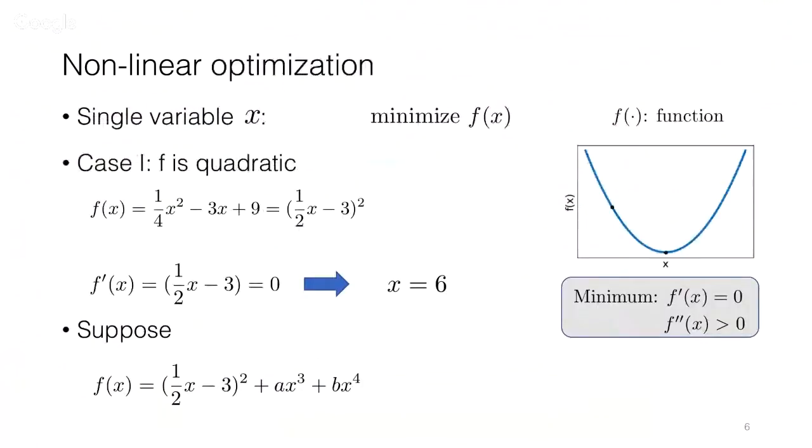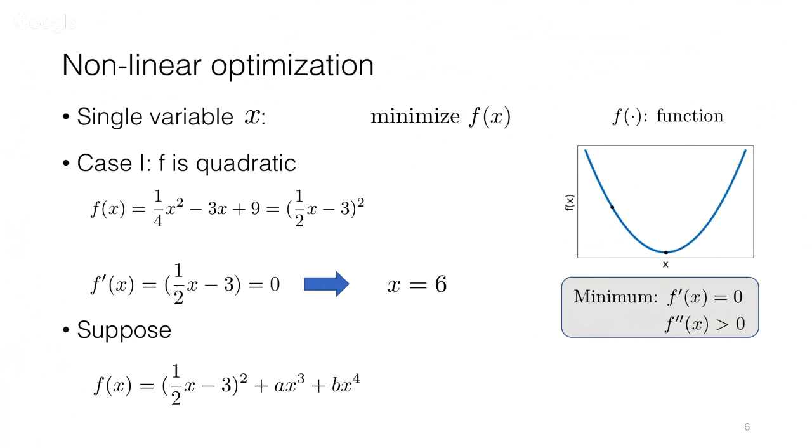So let's just start simple and think about a single variable x and some function f of x. In the first case, let's suppose f of x looks like this. That's actually quadratic, and it's got a shape that looks like that.